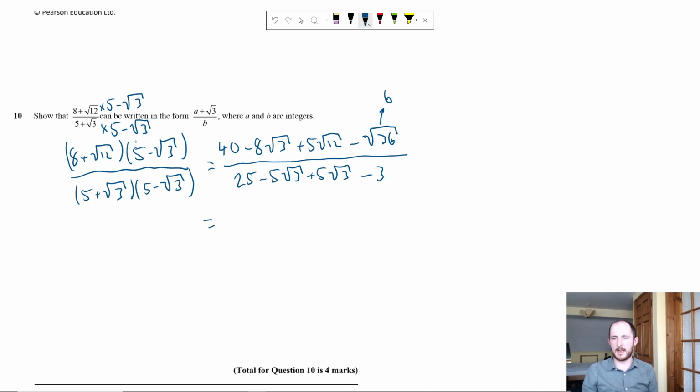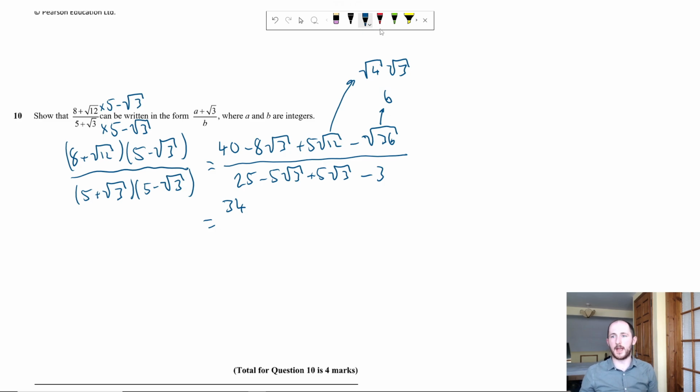So let's work some of this out. On the top, we have 40 minus 6, so that is 34. Now, root 12, I can write, in order to simplify, if you have a look, in our answer we just have root 3's. So I want to make root 12 into root 3. So think of two numbers that times to 12, but it's going to be root 4, root 3.